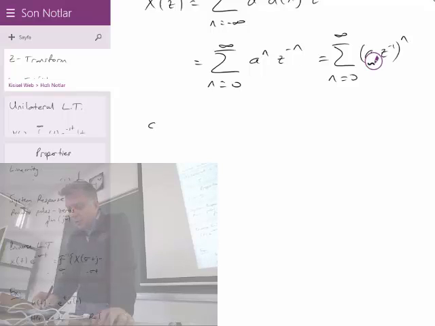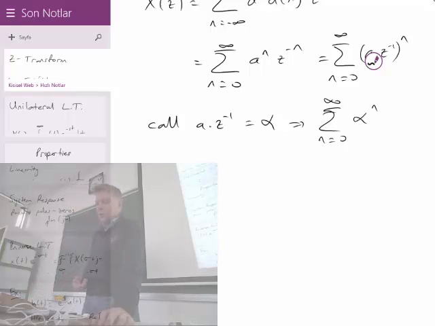Just call a times z inverse equal to, I don't know, alpha. Then it's a summation n from 0 to infinity, alpha to the power n. And we know what it is, if it converges, of course.